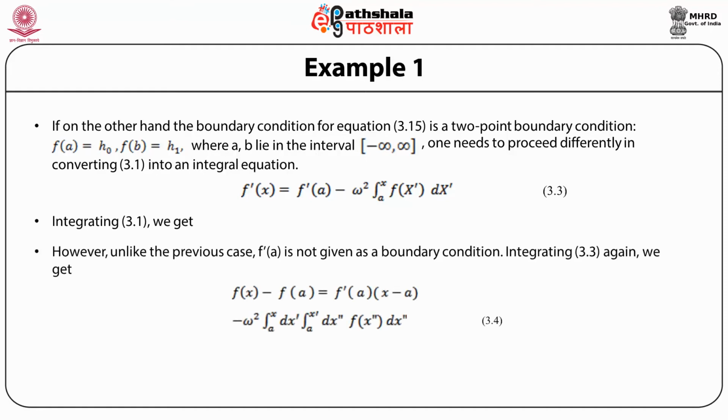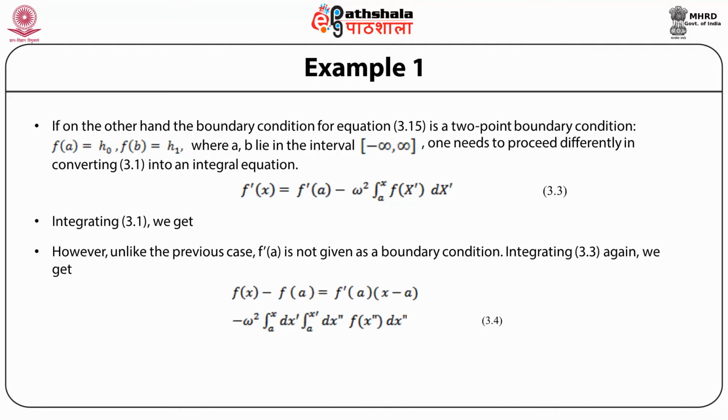However, unlike the previous case, f prime(a) is not given at the boundary. Earlier we considered the case where the boundary conditions were of the Cauchy type, where the function and its derivative at one point in the boundary were specified. Now f prime is not specified in the boundary condition, so we can't use the same procedure. So we integrate once again.